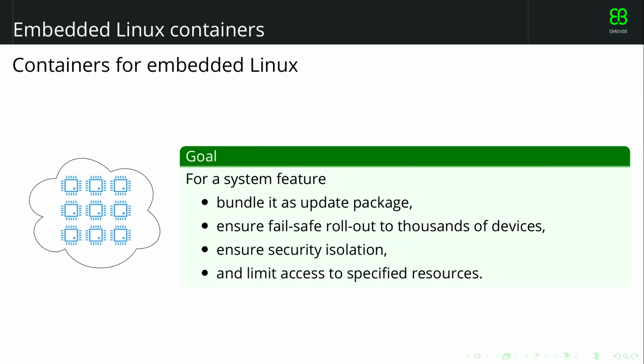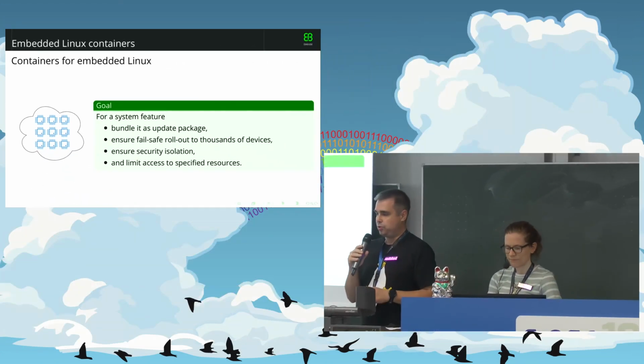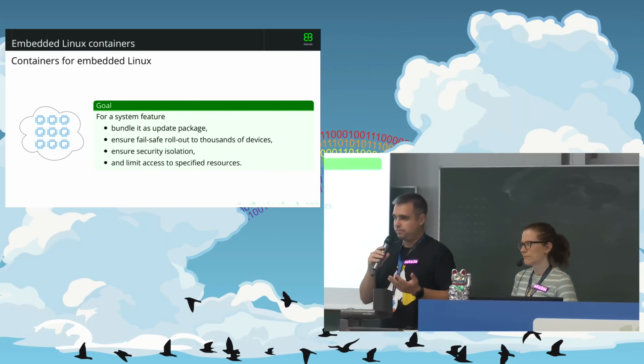In the embedded context, it's a bit different from my point of view, because it's not about running one service and making it globally available. It's about having one feature and adding it to an existing embedded solution. So a container is typically used as a kind of update bundle.